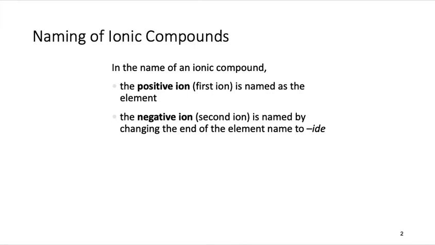It's a binary compound, a two-part name. So the first part is always your positive ion. Your second ion is second in the name, and you will change the ending of your second one to IDE. So if you had sodium and chlorine, it would be sodium chloride. That's how you would name a compound.